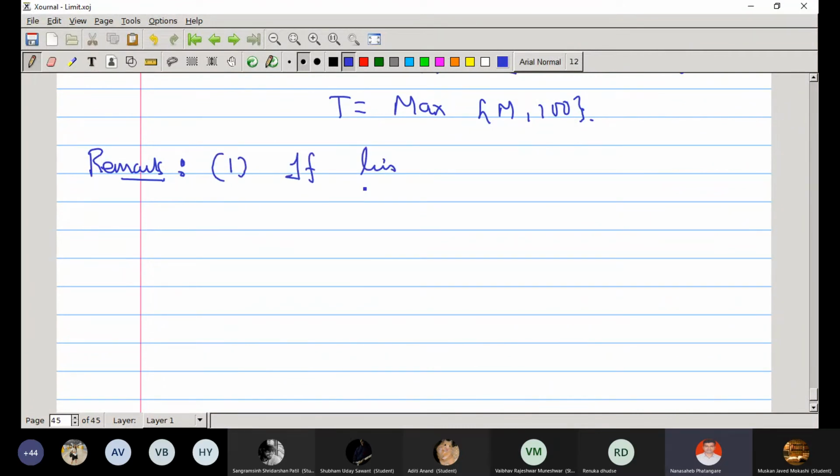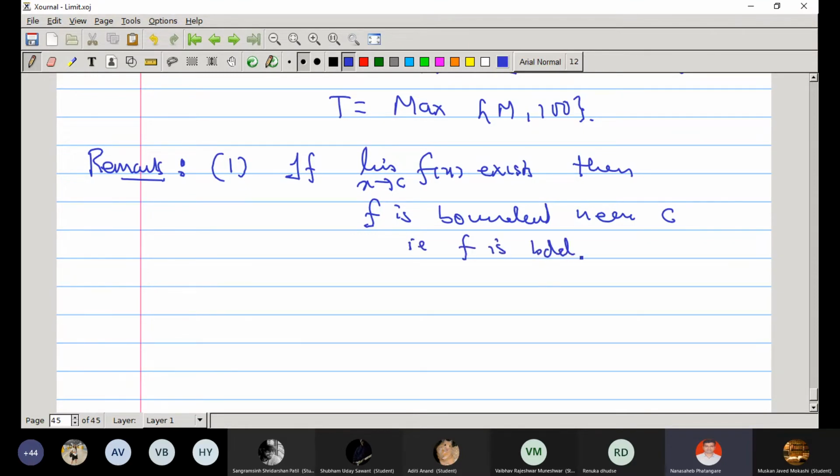If limit x tends to c of f(x) exists, then f is bounded near c, that is, f is bounded in a neighborhood of c, basically a deleted neighborhood, because the function may not be defined at c.